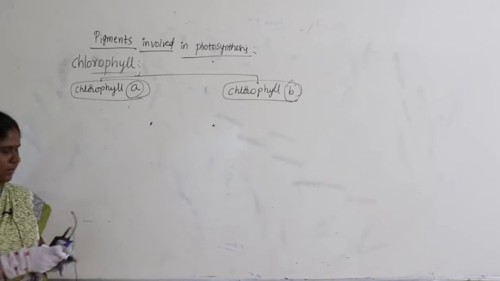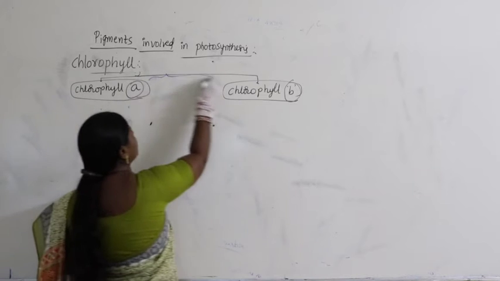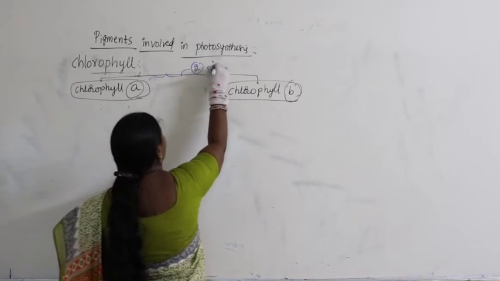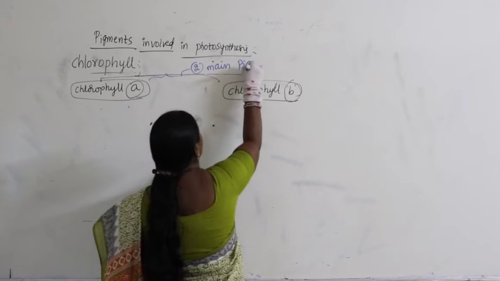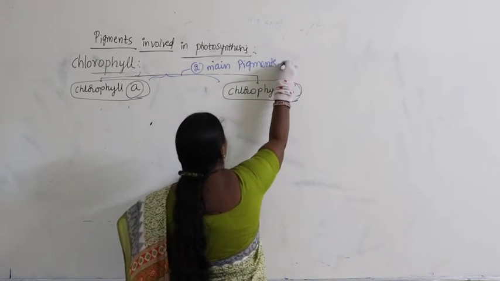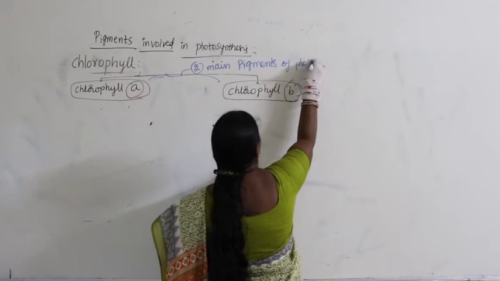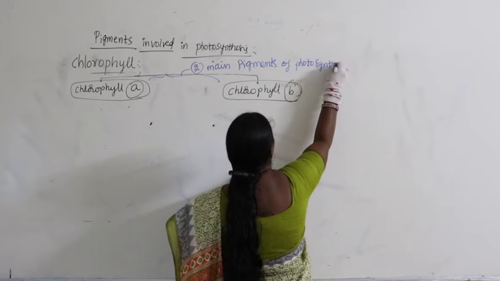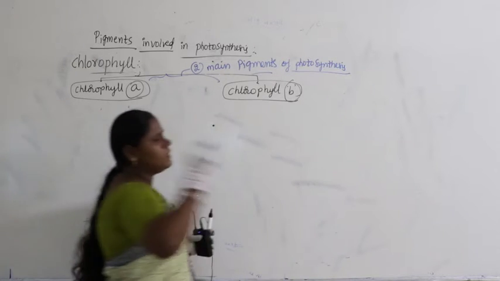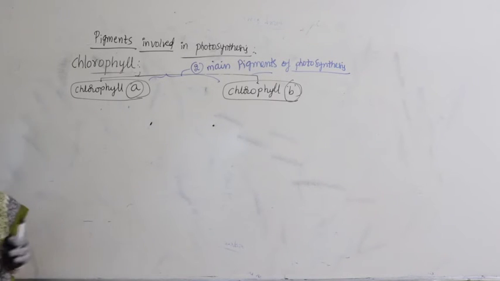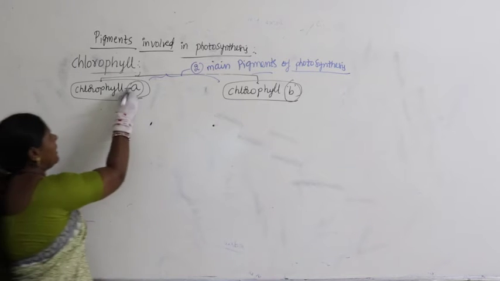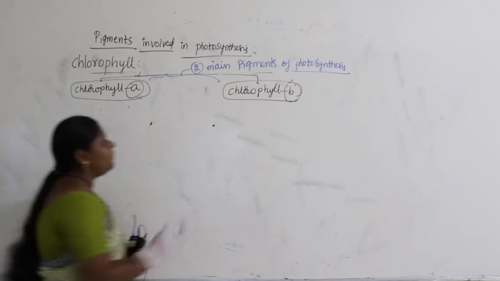Because we studied these two are the two main pigments of photosynthesis. These two pigments play a very important role in photosynthesis. That's why we are discussing chlorophyll A and chlorophyll B.